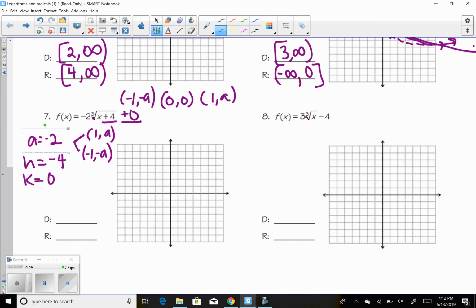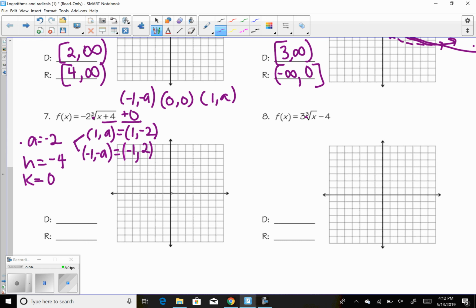So you actually get 2 points this time, and we also still have (0, 0). So (1, a) is going to give you (1, -2), because a was negative 2. Okay. (-1, -a) is going to give you -1, and then -a, negative negative 2, gives you a positive 2.